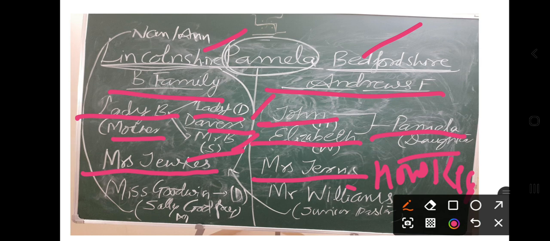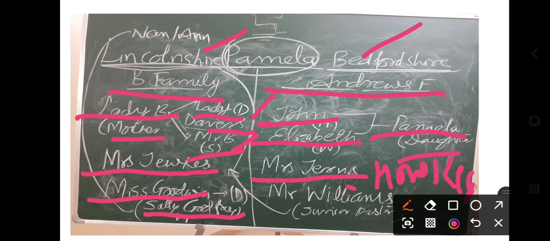So Mrs. Jukes works in Lincolnshire, and Mrs. Jarvis works in Bedfordshire. One more family we are going to meet is Miss Godwin, a young daughter, and her mother's name is Sally Godfrey, right?